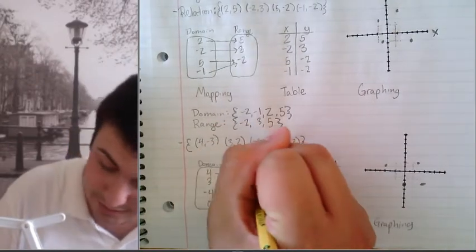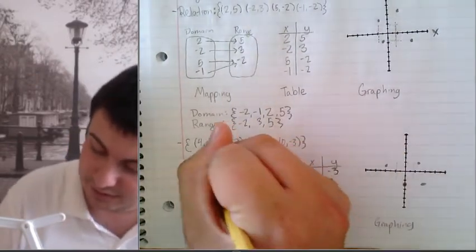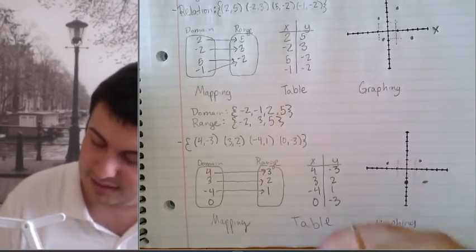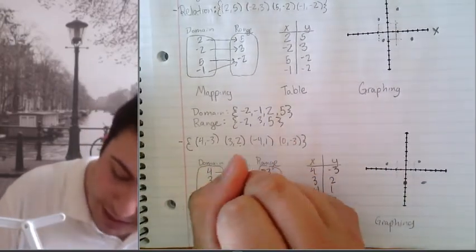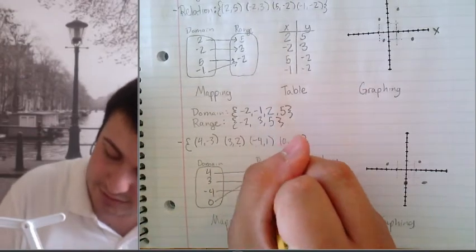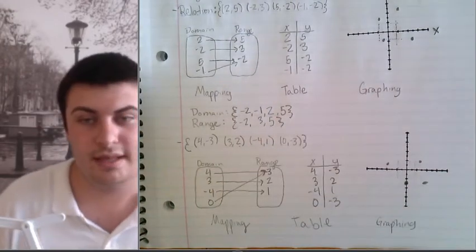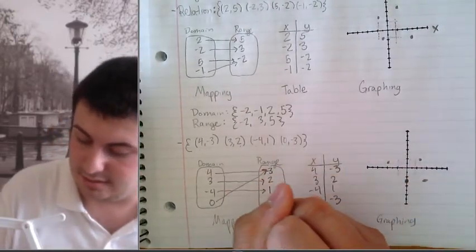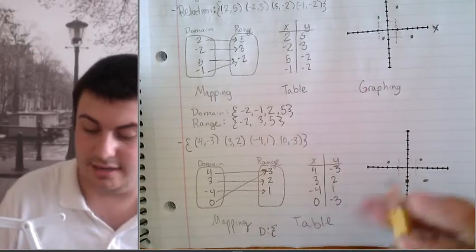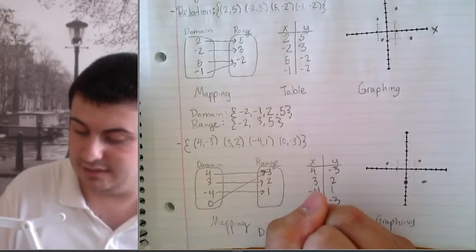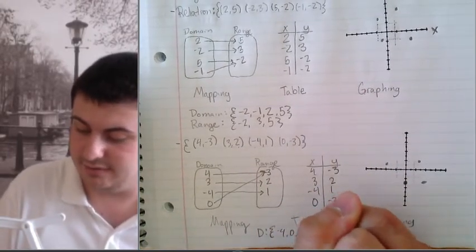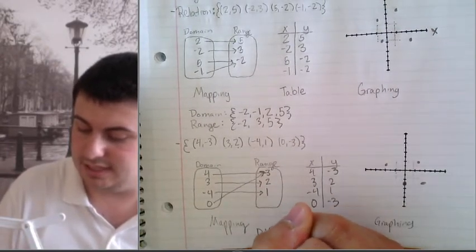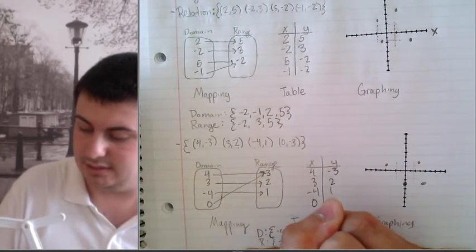So 4 maps to negative 3, 3 maps to 2, negative 4 maps to 1, and 0 maps back up to negative 3. All right. And our domain in numerical order goes negative 4, 0, 3, 4. And our range goes negative 3, 1, 2.